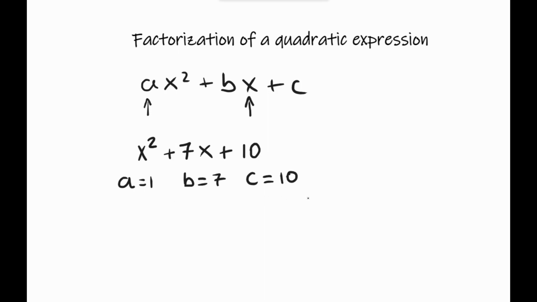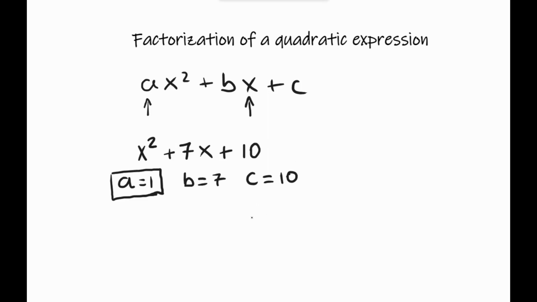All these coefficients are integer numbers, and this type of factorization is meaningful only when all the coefficients are integer numbers. This first algorithm for factorizing is useful when a is 1. And let's follow the steps.